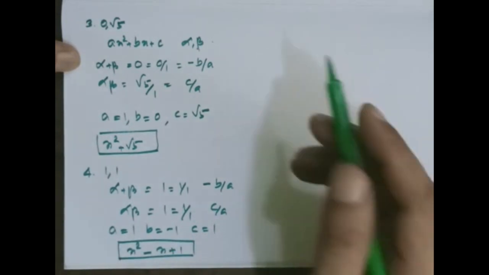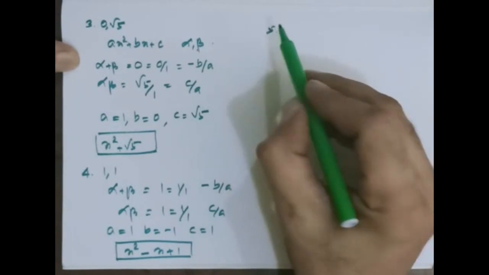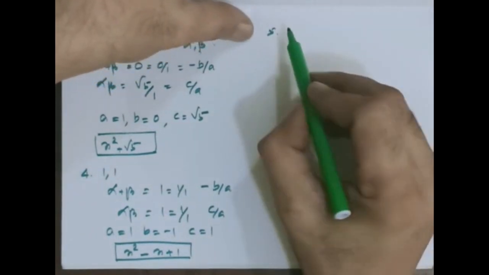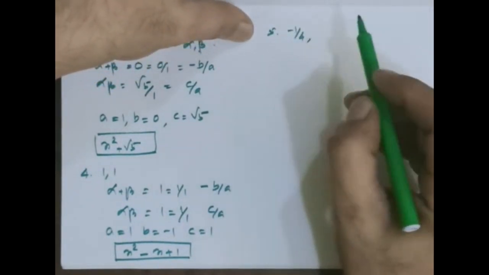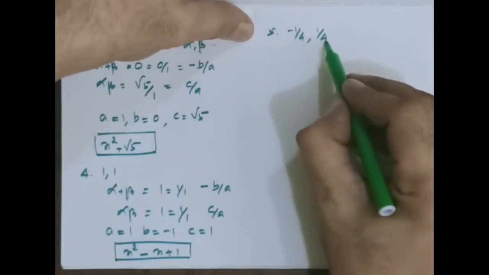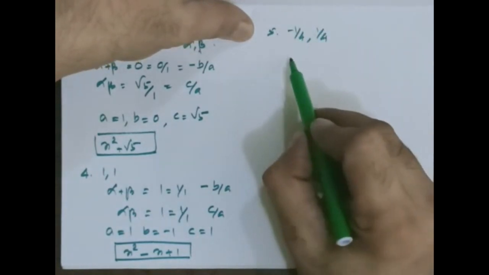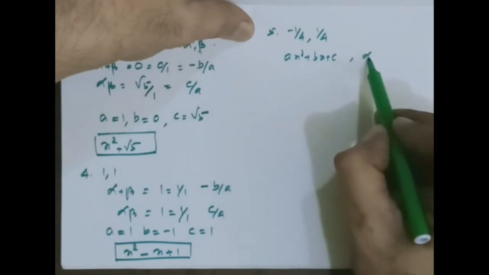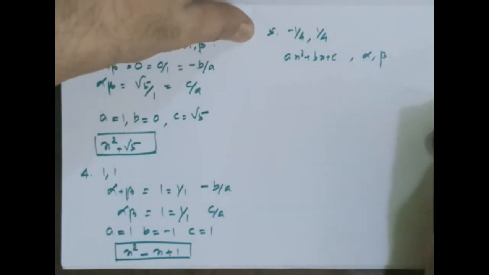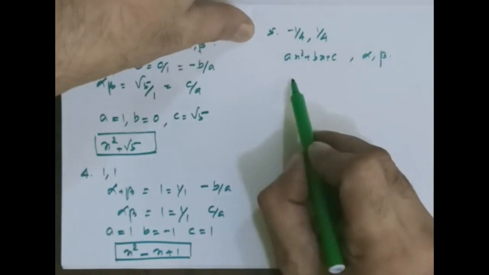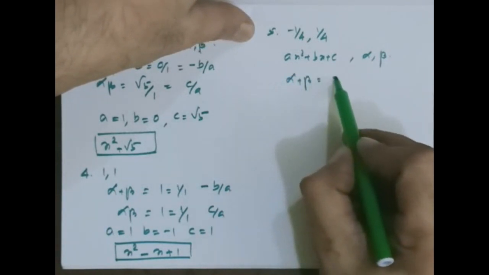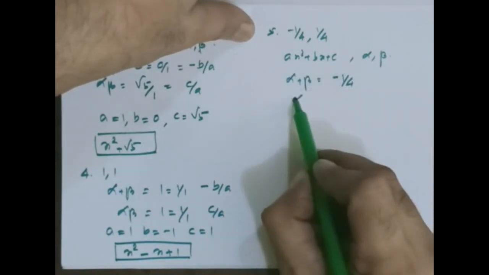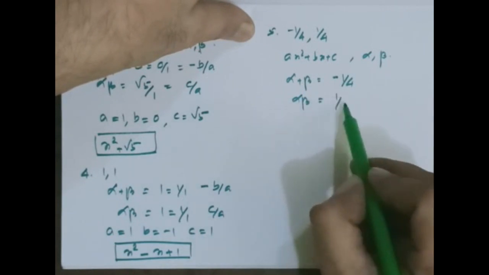And the next question, minus 1 by 4 comma 1 by 4. Let the polynomial be ax square plus bx plus c and the zeros be alpha and beta. Alpha plus beta equal to minus 1 by 4 and alpha beta equal to 1 by 4.